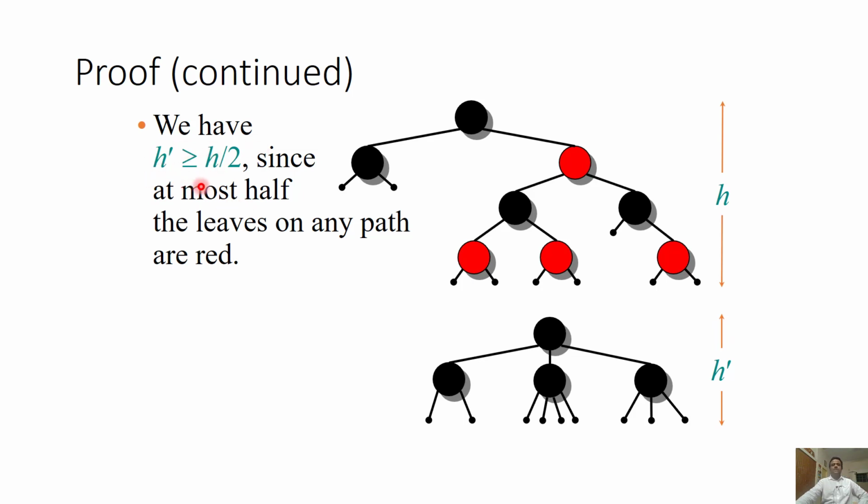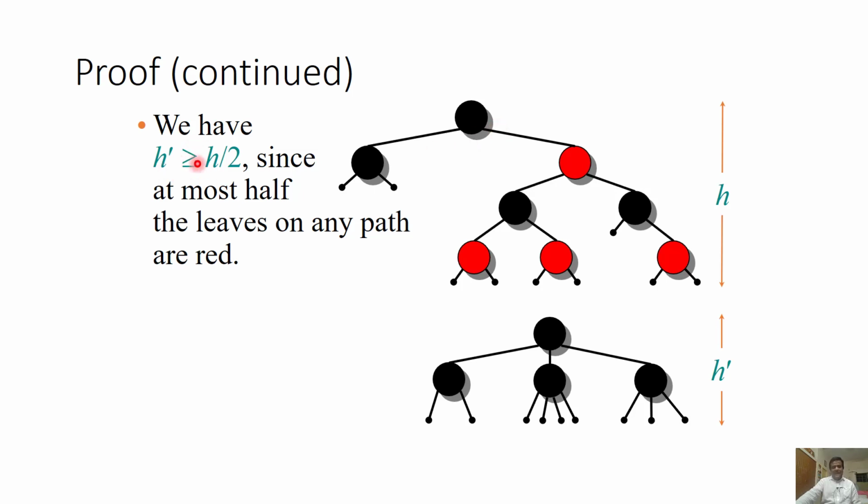Why is it true? Suppose h prime is less than h by 2. The height h is the maximum depth from the root to a leaf, so we have a path from the root to a leaf whose depth is h. Now, in every path we are only merging red nodes with black nodes.